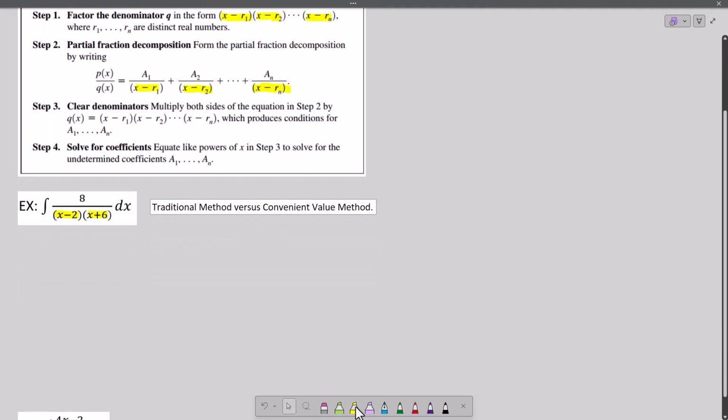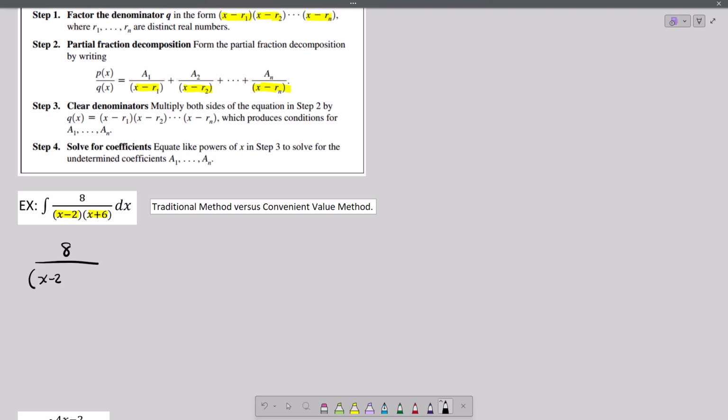So what we're going to do then, this one's already factored for us. So we're going to take this factored form, and what this whole messy paragraph says is that this must be equal to a constant over x minus 2 plus a constant over x plus 6.